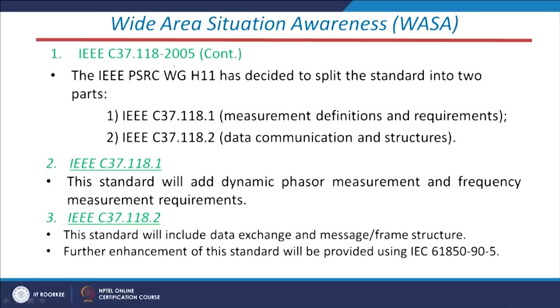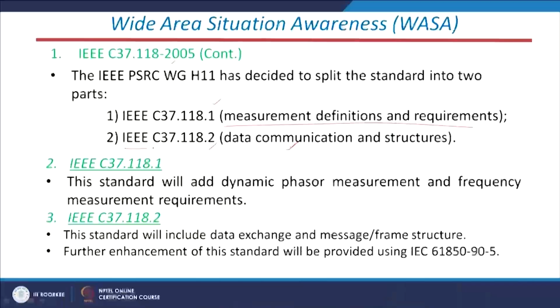Similarly, we have another part, IEEE C37.118, which is split into two parts, 118.1 and 118.2. The first one tells about the measurement definitions and requirements, and the second one tells about the data communication and structures. The PMU measures the voltage and current, and the sequence components and phasors of the voltage are all computed or estimated inside the PMU.